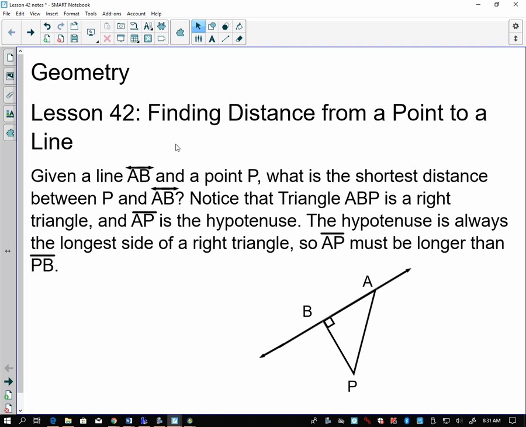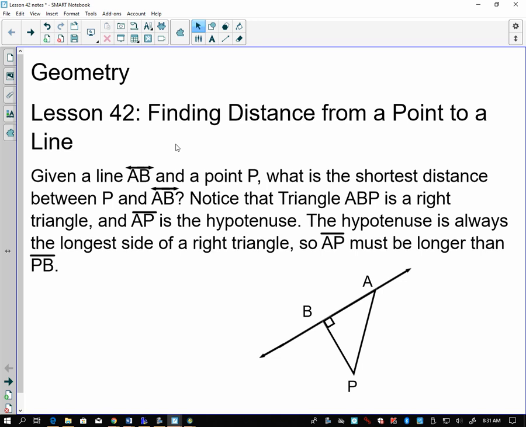Given if we have something like line AB that we see there on the board, what is the shortest distance between point P and line AB? You want to notice that triangle ABP is a right triangle, and line AP is a hypotenuse. The hypotenuse is always the longest side of a right triangle, so AP must be longer than PB.